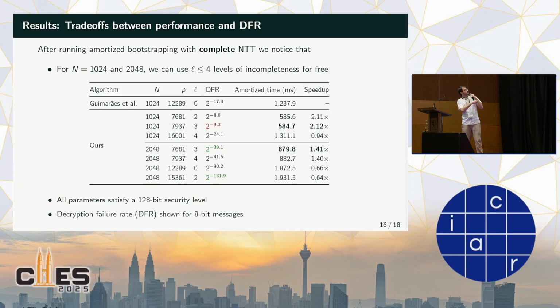In our case, with the more flexible primes, we're able, for example, to double the speed up with an increase in the DFR. But we have strictly better parameters, actually. We can drop the DFR by a lot and also have a 40% speed up. We are also able to achieve less than 2 to the minus 128 for 8-bit messages, which does not seem to be possible for the original implementation.